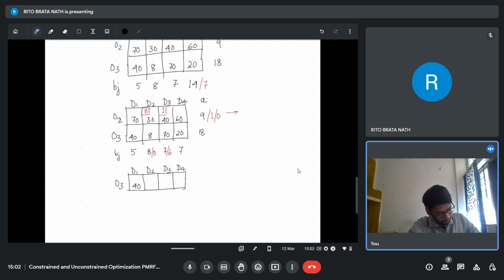This is 40, 8, 70, 20. This is 80. This is 5. In fact, I have to delete the second column again because you have already allocated the entire thing. So let me write down this modified one properly.